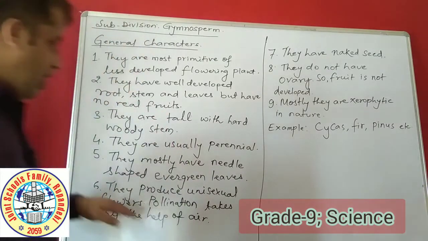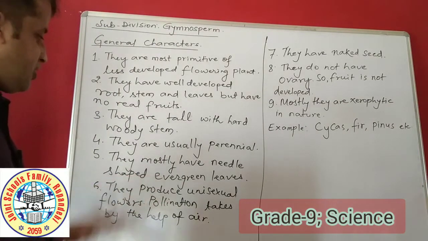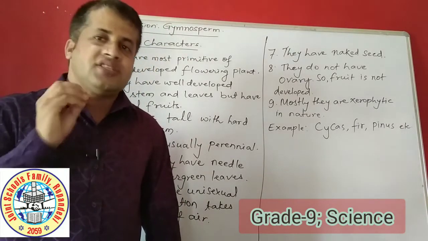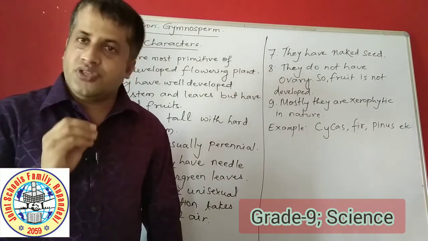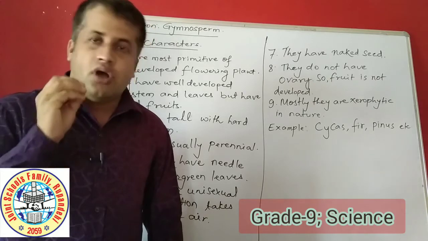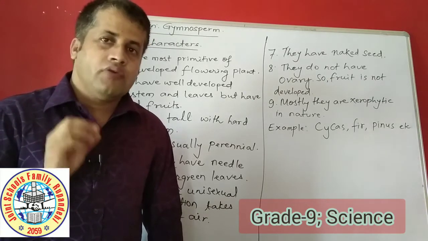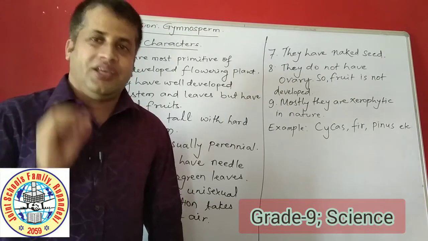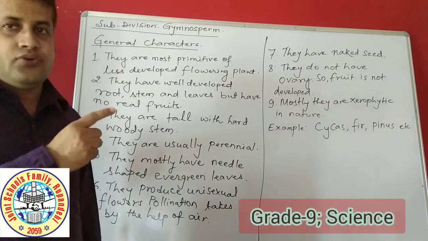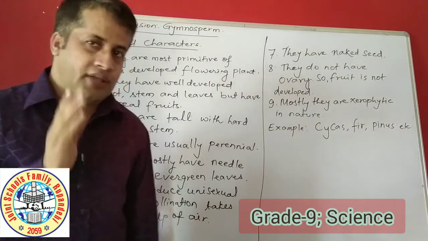Now another characteristic is that they produce unisexual flowers. What is a unisexual flower? A flower which is composed of either a male reproductive organ or a female reproductive organ only.